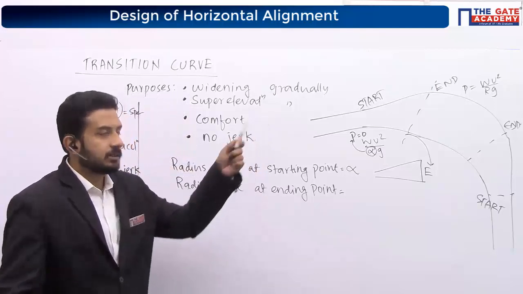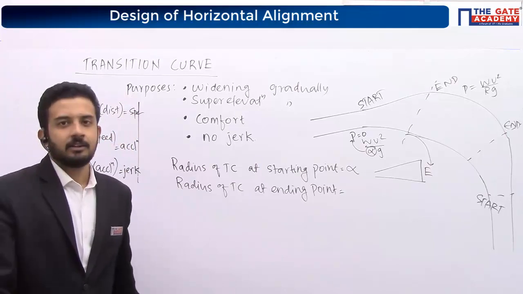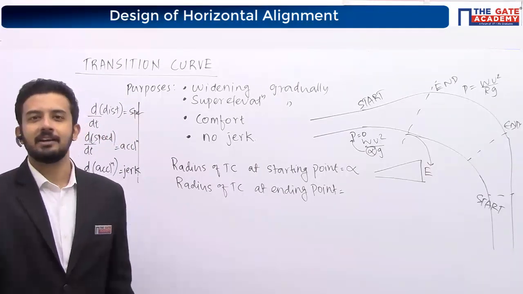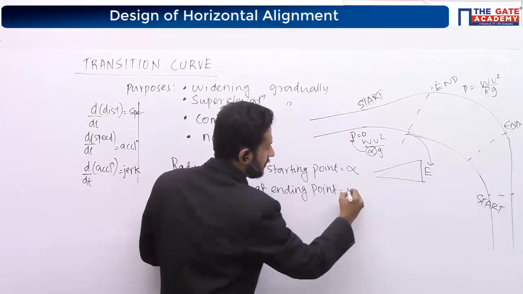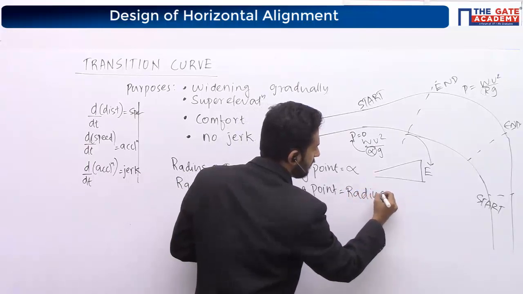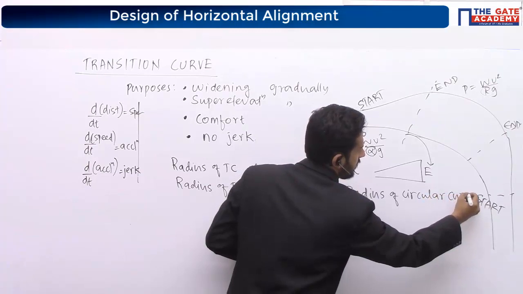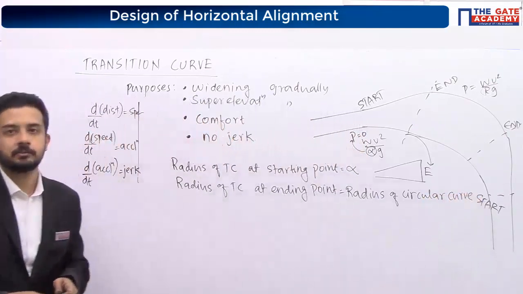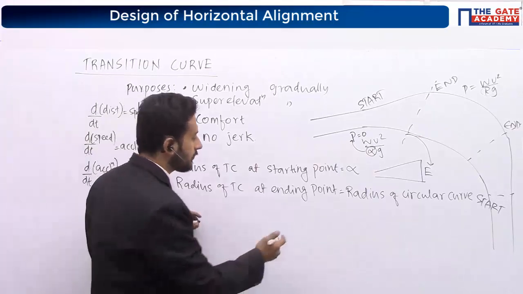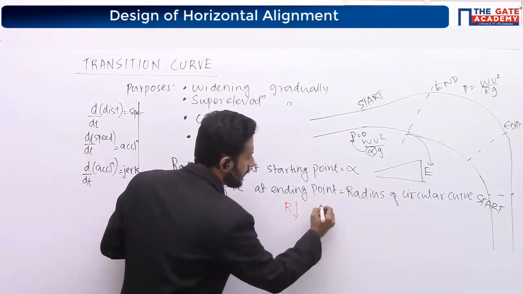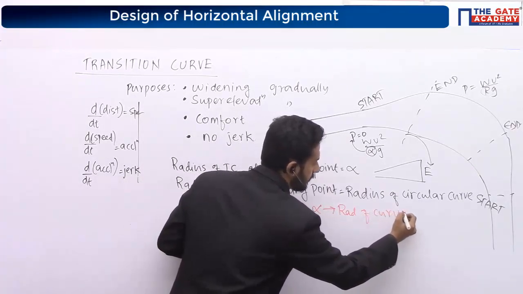Capital R, which is equal to the radius of the circular curve. That can be a 1 mark question. So the radius is going to decrease from infinity to the radius of the circular curve.